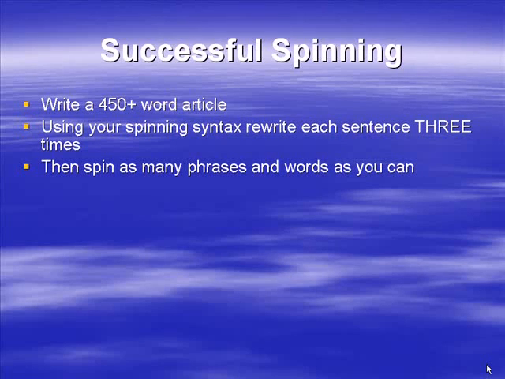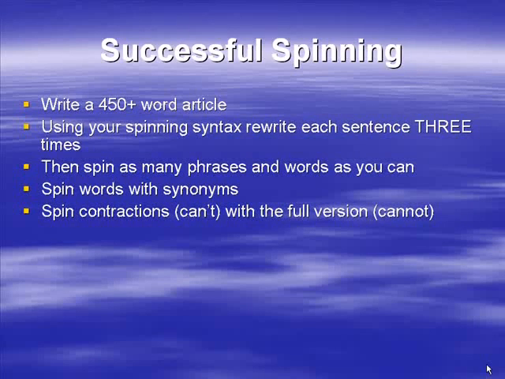Then within each sentence that you've rewritten, basically every single one of the sentences, you spin as many phrases and words as you can. If there's a phrase that you can spin, you spin it. If there's a single word you can spin, you spin that as well. You spin the single words typically with synonyms, and the phrases with other phrases that mean the same. You will spin contractions with the full version, so can't becomes cannot, you're becomes you are, they're becomes they are, and so on.